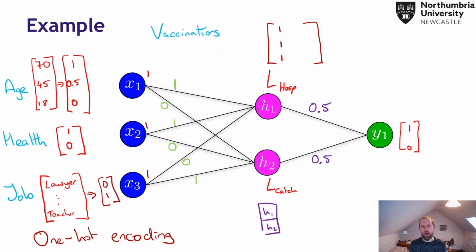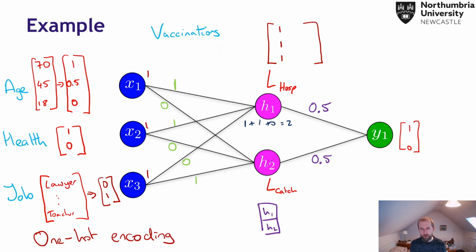So remember, we have the weight W1 x1 plus W2 x2 plus W3 x3. So in this case, it's going to be 1 times 1, which is 1, plus 1 times 1, which is 1, plus 0 times 1, which is 0. So this is going to be 2.